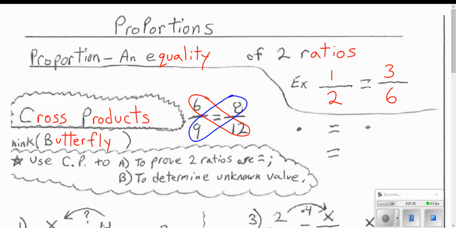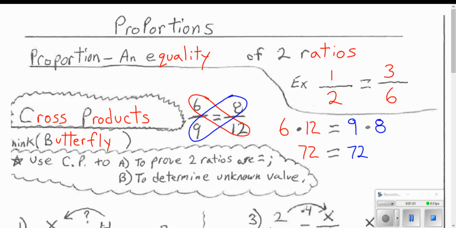Now we can use cross products to prove that two ratios are equal. So for example, if I take 6 times 12 and then 9 times 8, are those equal? Well, 6 times 12, that's 72. 9 times 8, that's also 72.